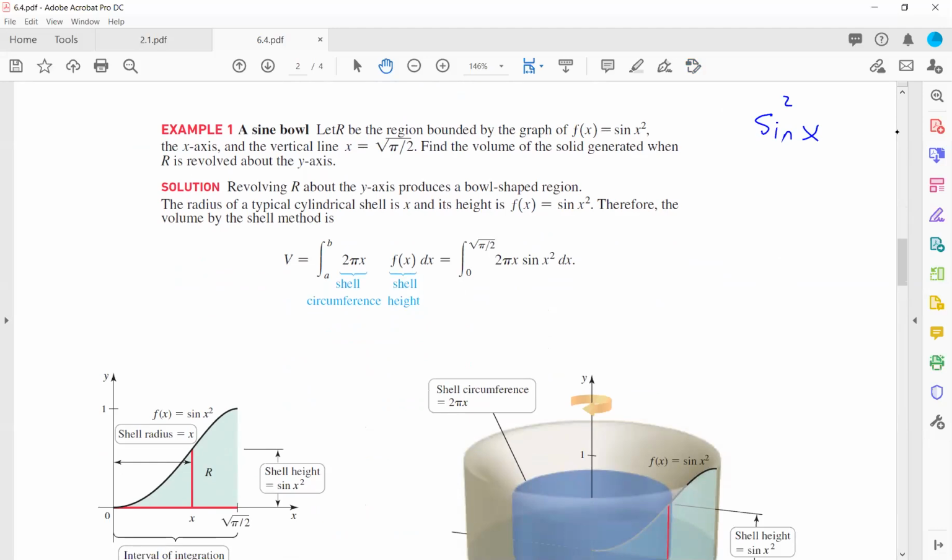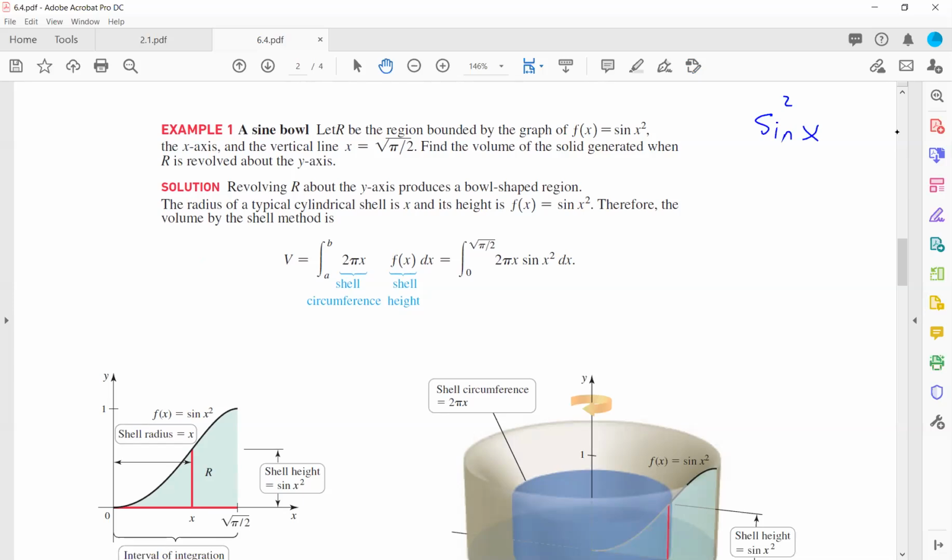So R is the region bounded between this trig function, the x-axis, and the vertical line x equals square root of pi over 2. So this is your sine function, x-axis, and here you have your vertical line, x equals square root of pi divided by 2.